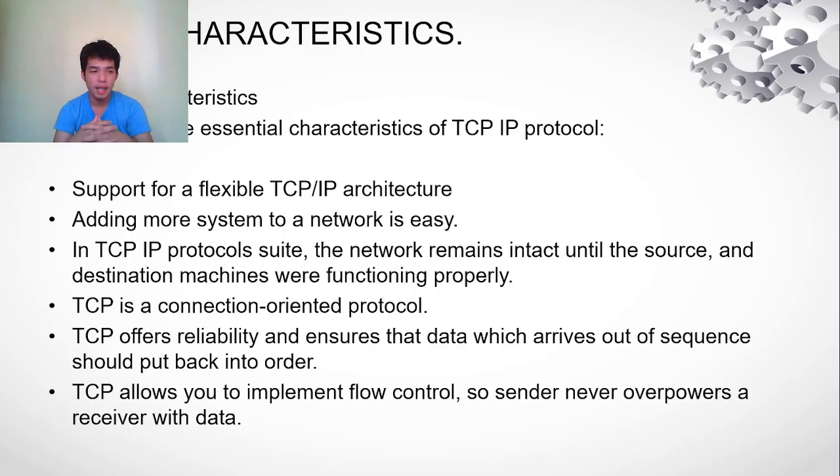The network remains intact, and the machines must be functioning properly as well in order to create this TCP/IP protocol suite. TCP is a connection-oriented protocol. Next, TCP offers reliability and ensures that data which arrives out of sequence is put back into order.